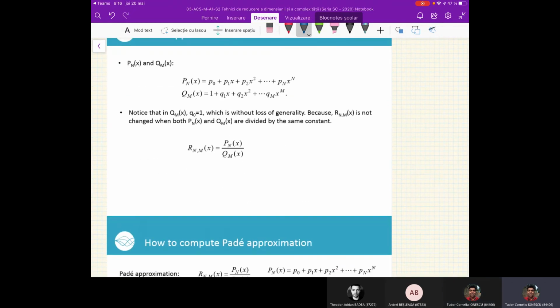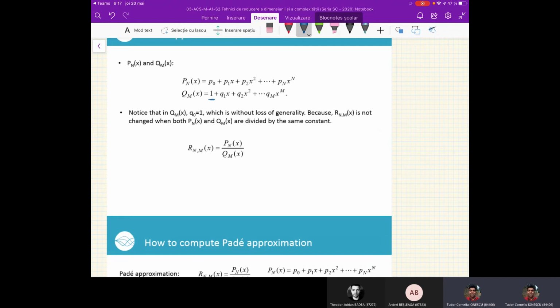Here you've got Pn and Qm polynomials. Note that the first term Q0 is 1 in the second polynomial, and this is without loss of generality, since Rmn is not changed when both Pn and Qm are divided by the same constant.